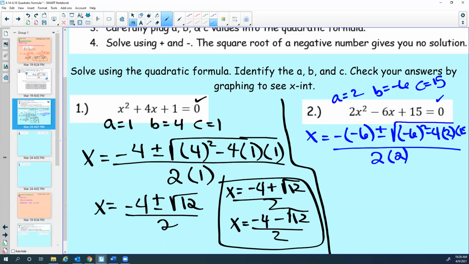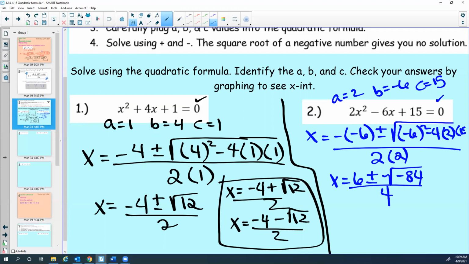In my square root, I have negative 6 squared, which is 36, minus 4 times 2 times 15. And that gives me x equals positive 6 plus or minus the square root of negative 84 over 4.